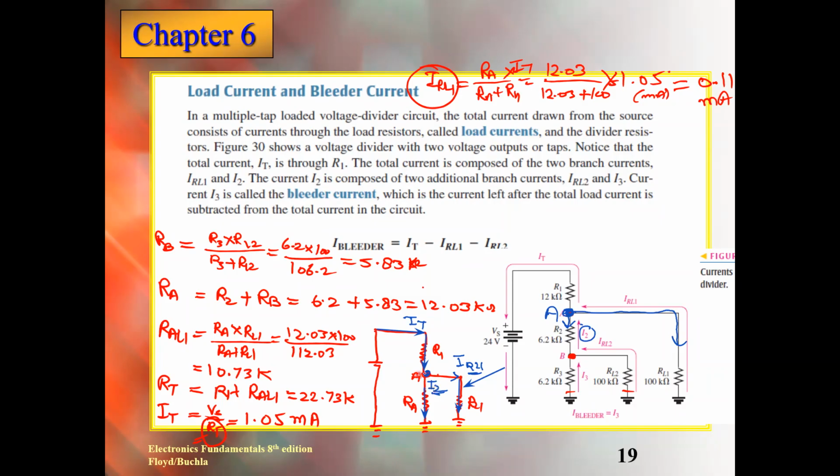At this point, we know that IT is incoming and two currents are going, which are I2 plus IRL1. And here we can calculate I2 just by subtracting from the total current, which is 1.05 minus IRL1, which is 0.11. And then I can get I2. How much is I2 now?